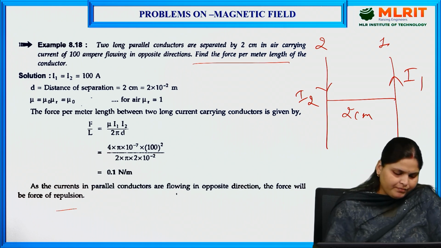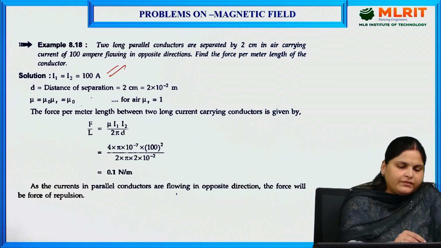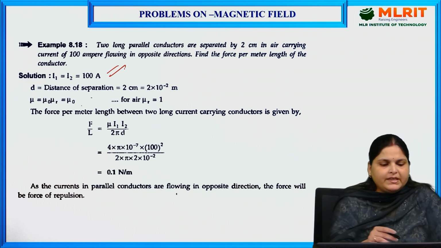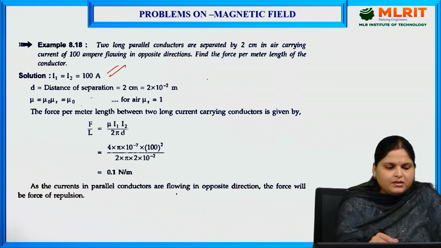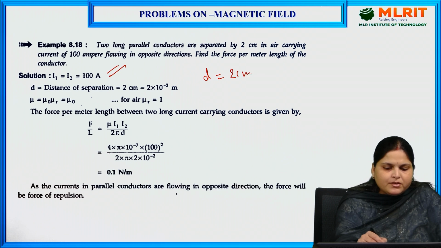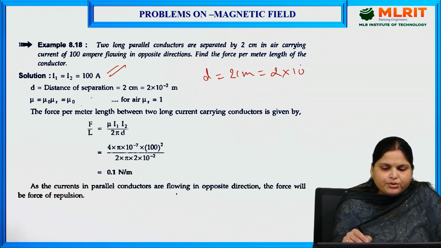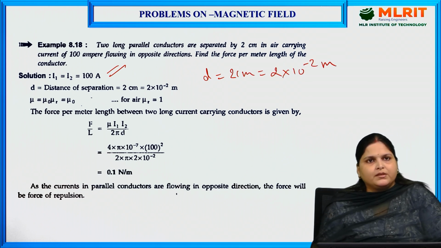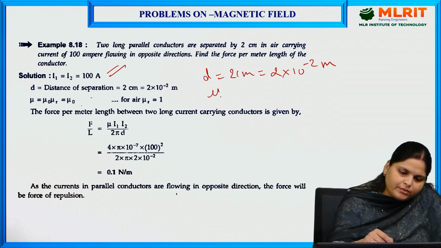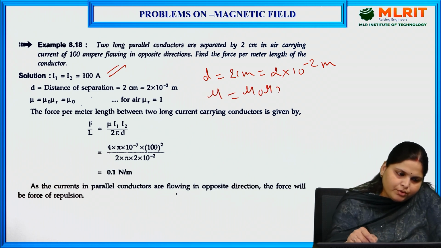So here I1 and I2 are given as 100 ampere. D is the distance, 2 centimeters, which in meters we write as 2 into 10 to the power minus 2 meter. Mu is equal to mu naught mu r.